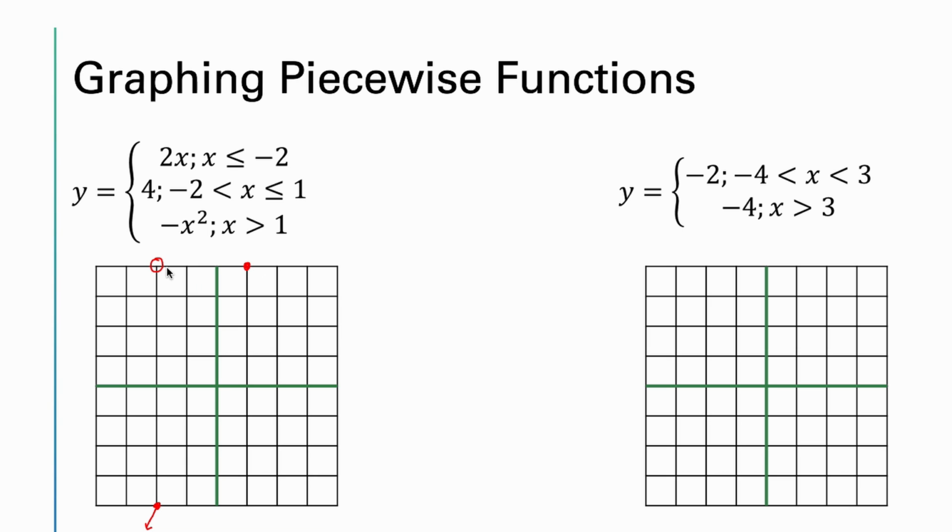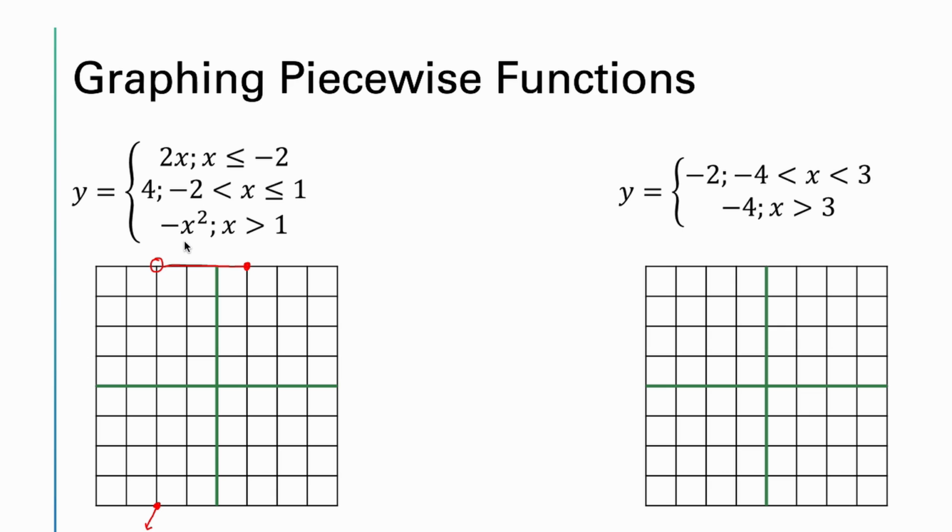And then we connect it using a line because that's how it would be. Y is equal to 4, the normal one, would go all the way across and forever in both directions. But it's only over this interval, so that's what it looks like.